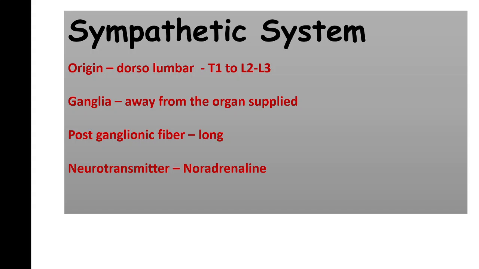In sympathetic system, major neurotransmitter is noradrenaline. So all the signals in sympathetic system are conveyed to that particular organ via neurotransmitter noradrenaline. And the function of this system is to prepare for fight or flight.